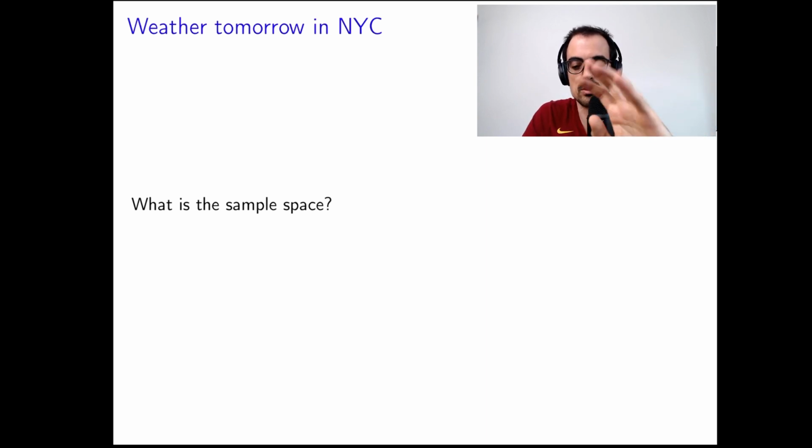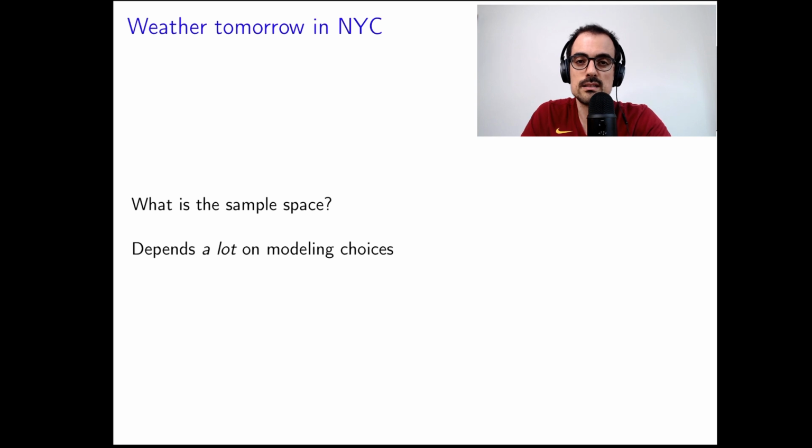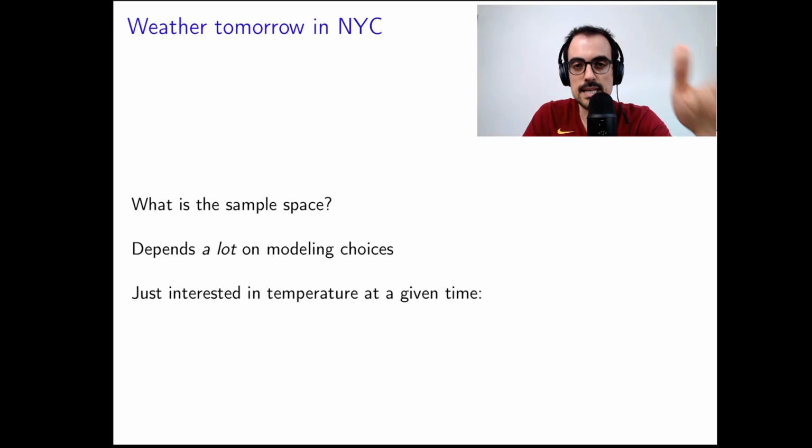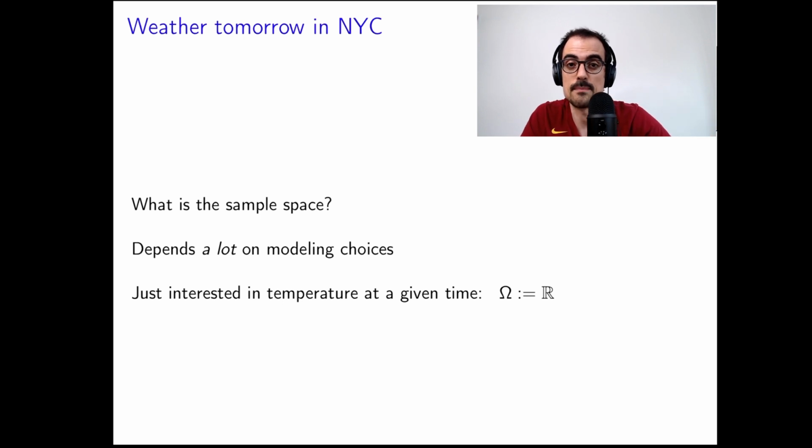Let's think, just for simplicity, that you want to model the temperature at a specific time, noon, at a specific location, let's say Washington Square Park. In that case, you can represent the outcomes by a real valued number, because temperature is real valued. So we can say that in that case, the sample space is the real line. But in general, there can be very, very complicated sample spaces depending on the phenomenon that we want to model.